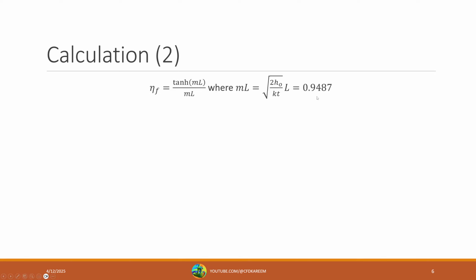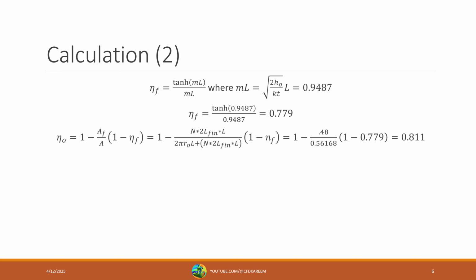And ml is going to solve to about 0.9487. So we plug in that value, and we'll find that we have a fin efficiency of approximately 0.779 or 77.9%.